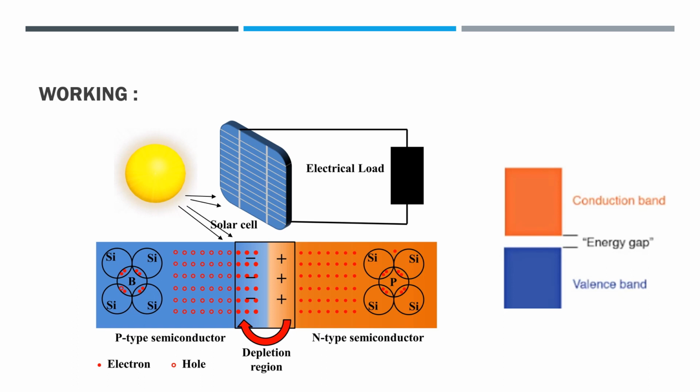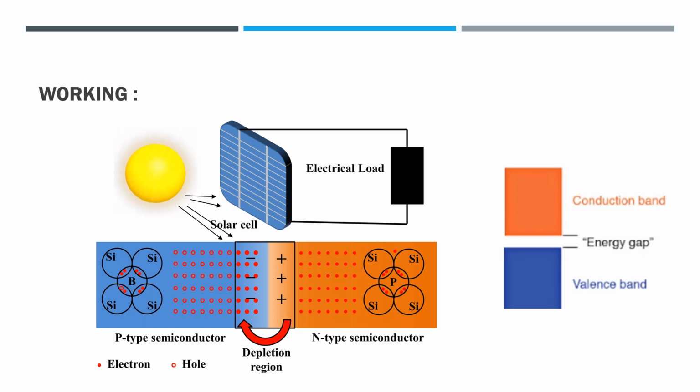As we all know, the majority charge carriers in n-type material are free electrons, and the majority charge carriers in p-type material are holes.